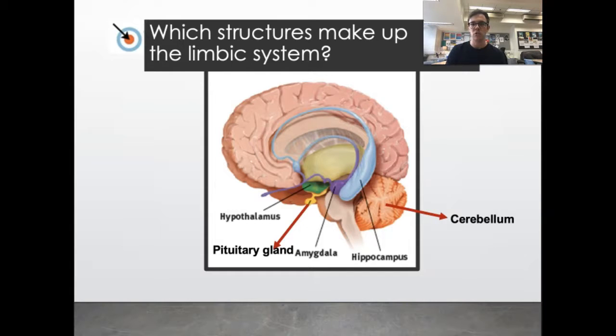It's this ring-like structure that's around the thalamus and kind of on top of the brainstem in a sense. This consists of the amygdala, the hypothalamus, the hippocampus, and you also have the cerebellum, which sits back here. It's also known as the little brain. This is going to function for balance and coordination, and also types of procedural memories.